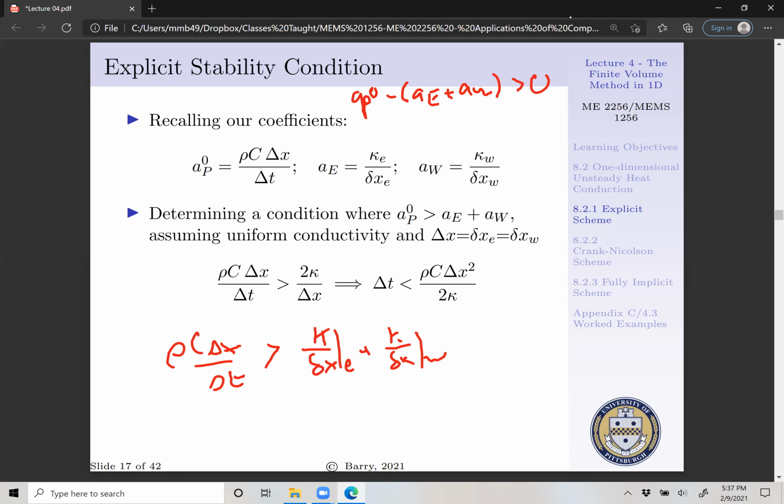Now, in this situation, the only thing we can control is delta T. Delta T is a time step that we're able to impose on our system because we've already picked our delta X. So if we solve for delta T, kick this over, drop that down, our delta T has to be less than rho C delta X squared per 2K.